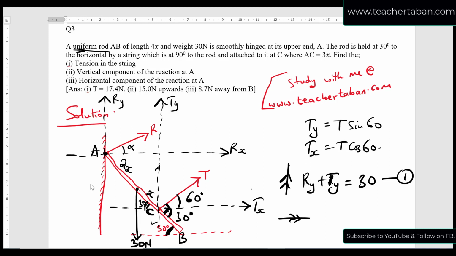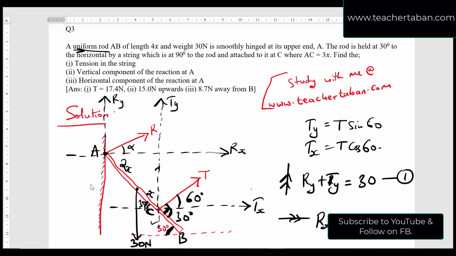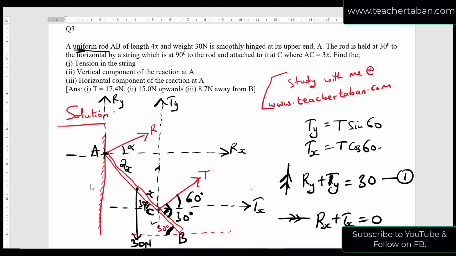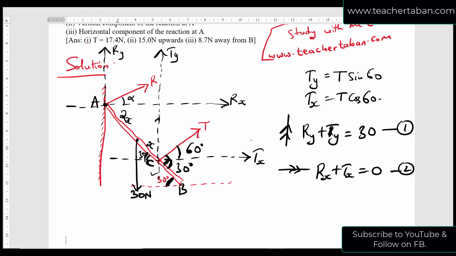Likewise, horizontally, Rx plus Tx must be equal to 0. Why? Because the Rx and Tx are acting in the same direction, and there's nothing acting in the opposite direction. So that is what it gives us.